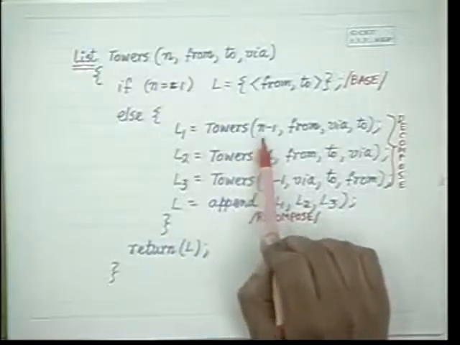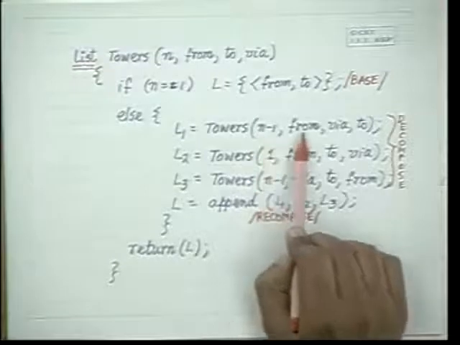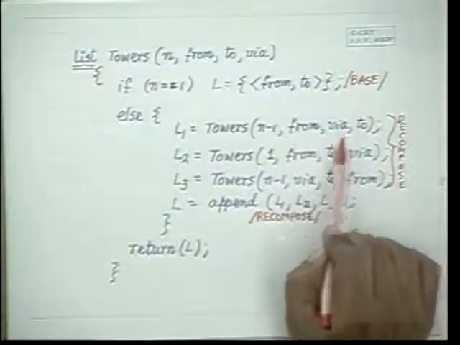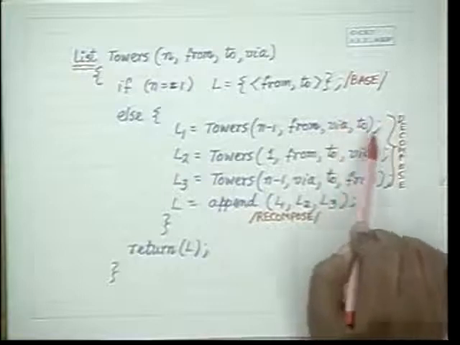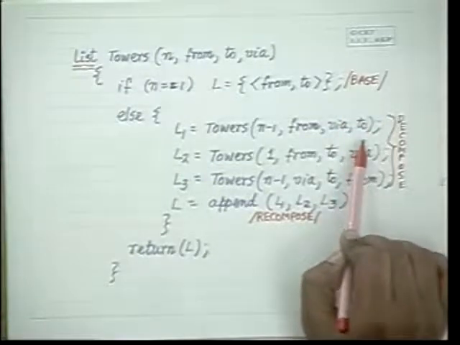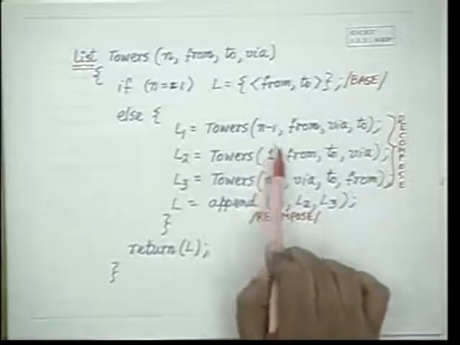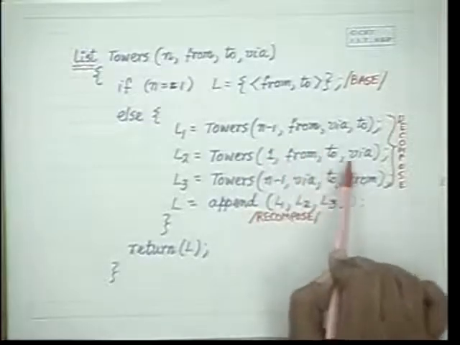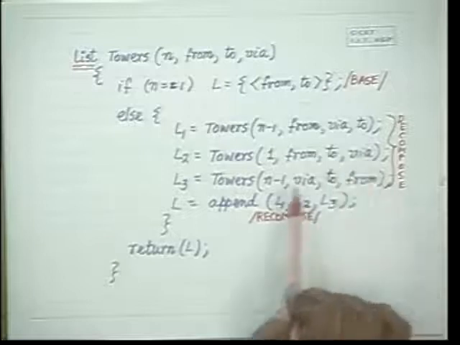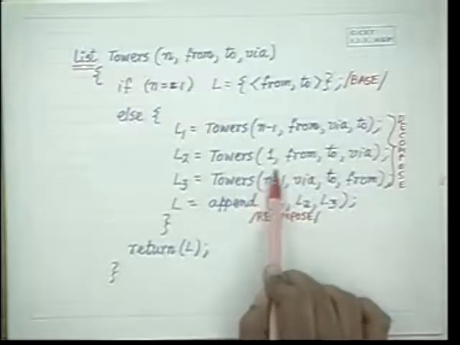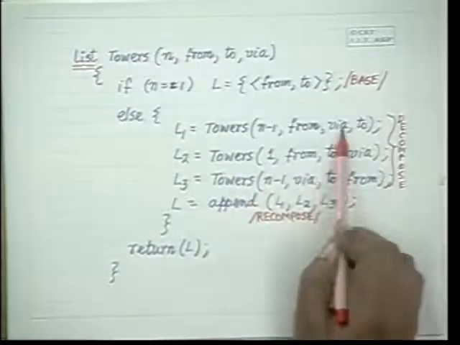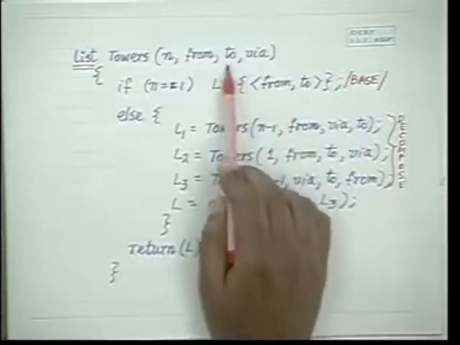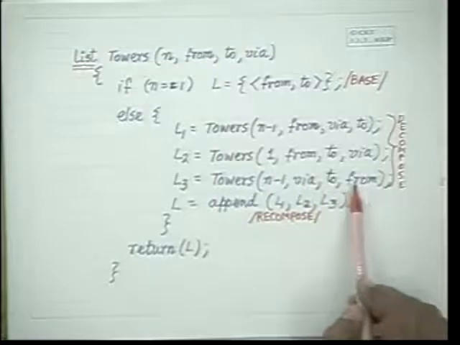First, we said that n minus 1 disks from this peg, we'll move to the via peg using the to peg. Then we will move one disk from the from peg to the to peg using the via peg. And then we will move the n minus 1 disks back. We had moved them to the via peg, we'll move them from the via peg, and we are required to move them to the to peg from the from peg.